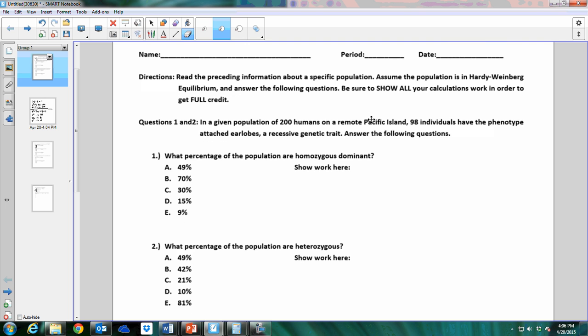So we were asked what the percentage of the population is homozygous dominant, so we are looking for p squared in this problem. In order to do that, we have to get a few things first.